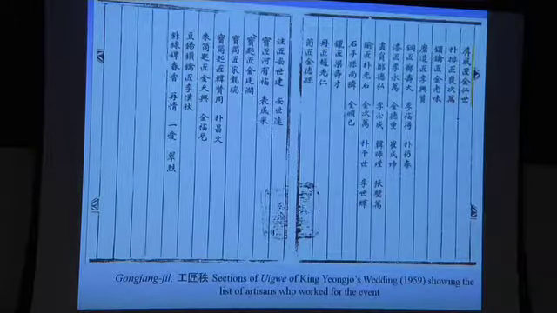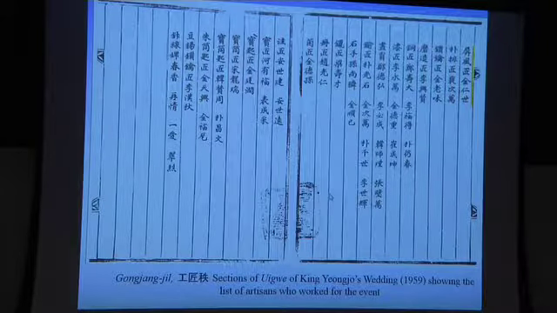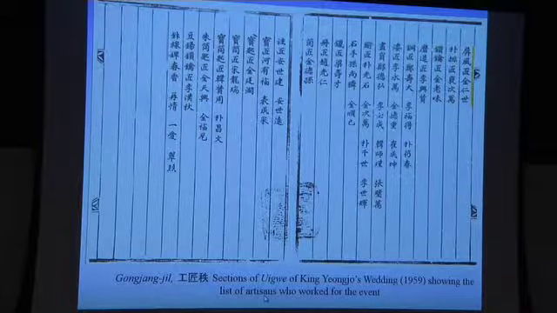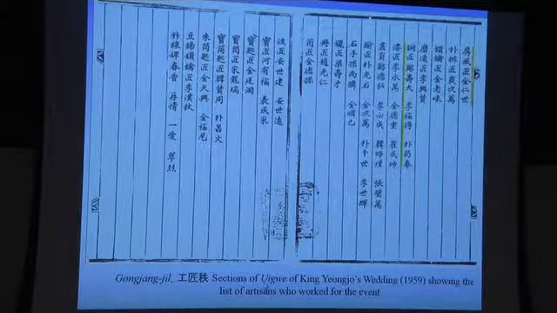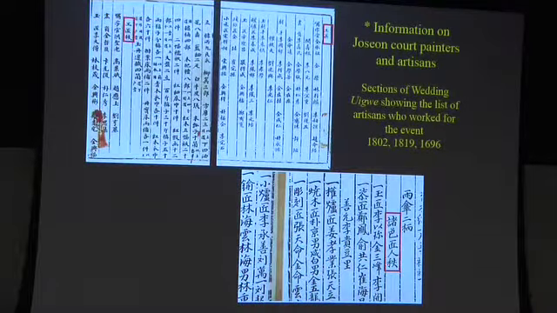And then we value this section called Gongjangji, or the section on artisans in the Uigwe of Yeongjo's wedding, showing a list of artisans. So we have the names of artisans, not only the names, but the different varieties of handicraft.